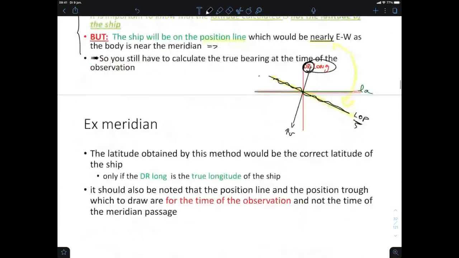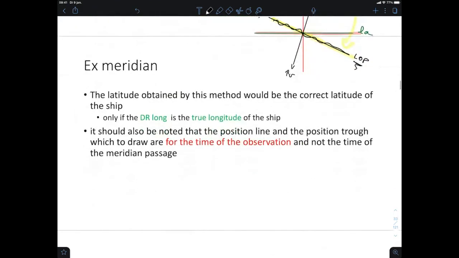Now, the latitude obtained by this method, as I already told you, would be a true latitude, but that would only be the case if we were starting not from the dead reckoning longitude, but from a true longitude.